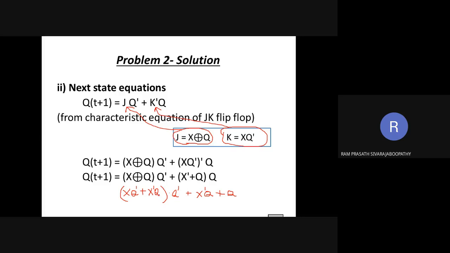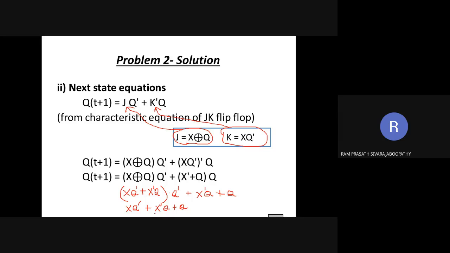Look at what is already there, Q bar is there. So it can be written as X Q bar plus X bar Q, Q bar cancels. So plus X bar Q plus Q.